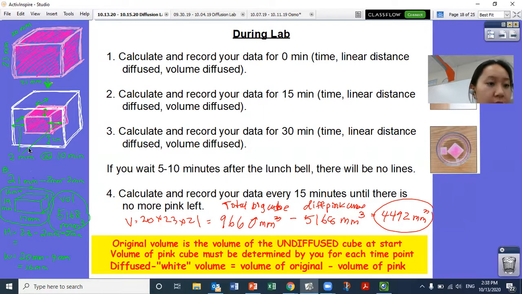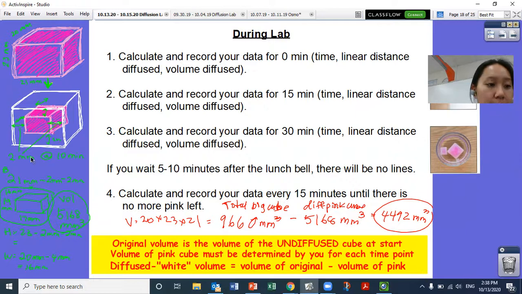And so, for example, if you initially start with 23 millimeters, 20 millimeters and 21 millimeters as your dimensions of your pink agar cube. And after 10 minutes, all of the sides have turned white by 2 millimeters, which means that your base of your pink now is going to be the original 21 minus 2 millimeters from the left and minus 2 millimeters from the right.